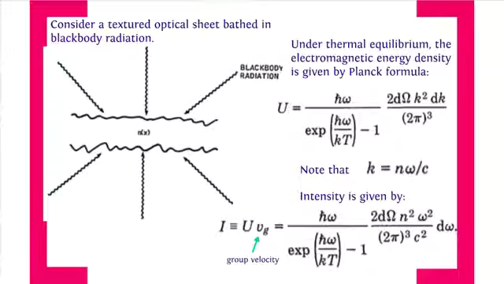Let's ignore everything else except that. What we see here is that the intensity inside this piece of plastic is n squared times the intensity outside it, because everything else is the same outside. It's just that n equals 1; it's vacuum. So again, let me repeat that.